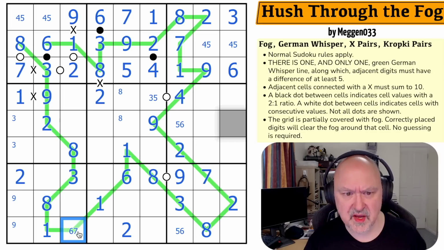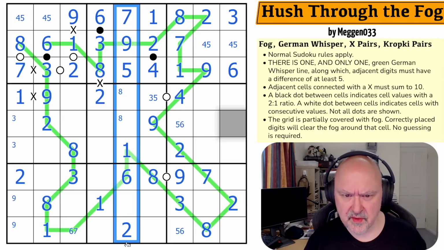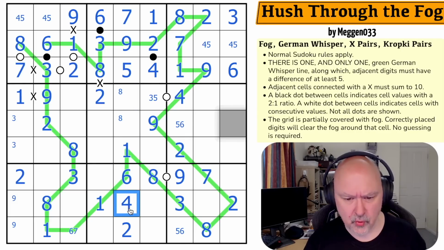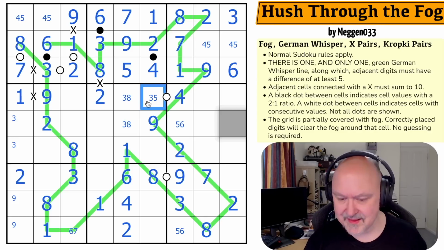It is still the only digit I haven't placed. Could be 6 or 7, I think. So what am I missing in column 5? 3, 4, 8. So that's a 4 because it can't be 3 or 8. And this is a 3, 8 pair, meaning that's the 5.